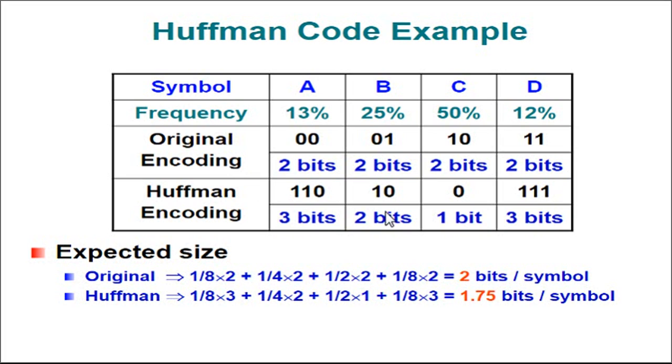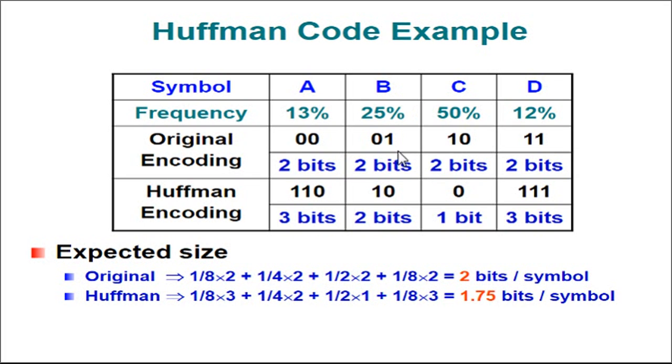Here you will observe that the most frequently occurring symbol is C. So in Huffman coding, only 1 bit is allocated to this symbol C, or rather I say symbol C will be encoded with a single bit.